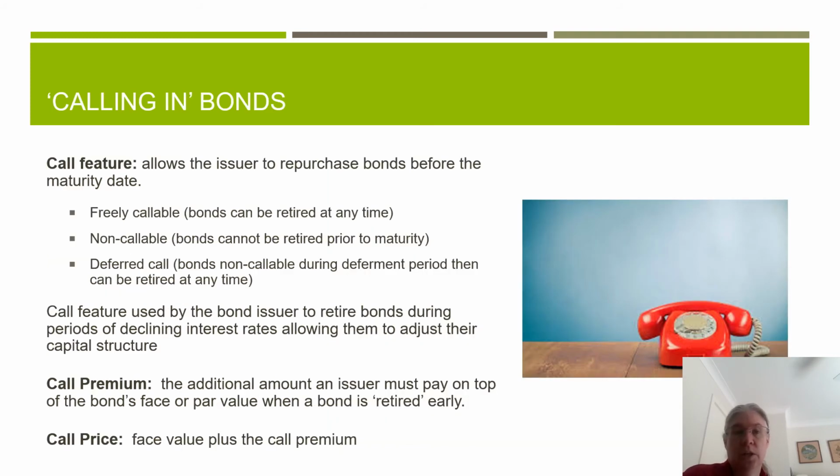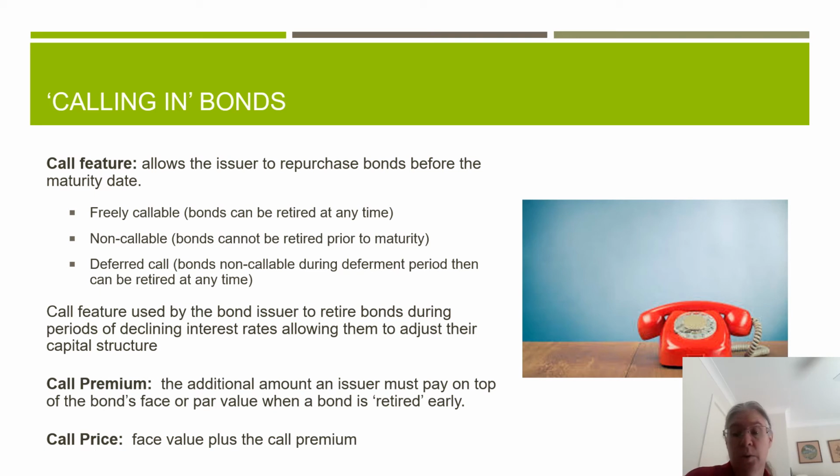So I mentioned this earlier, calling in bonds. For some reason the business decides, no, that's it, I want my bonds back, I don't want to be owing that money anymore. Then they use this call feature to purchase back the bonds. There are different types. It could be that the bond is freely callable, so at any time it could be retired.